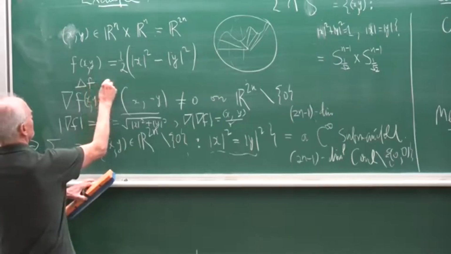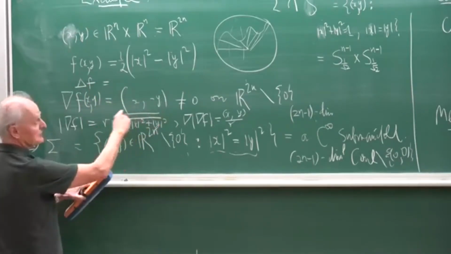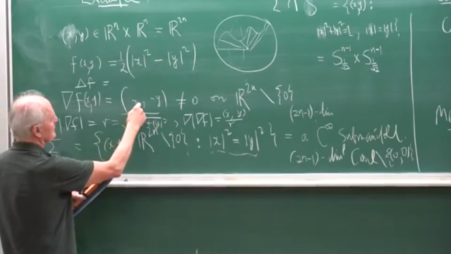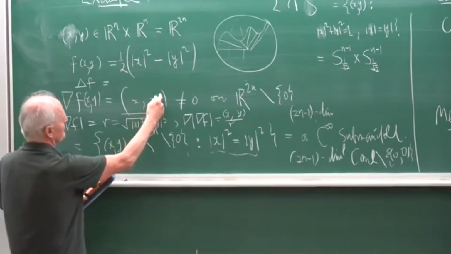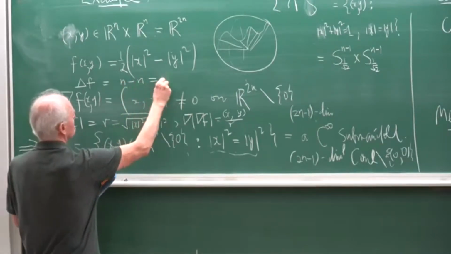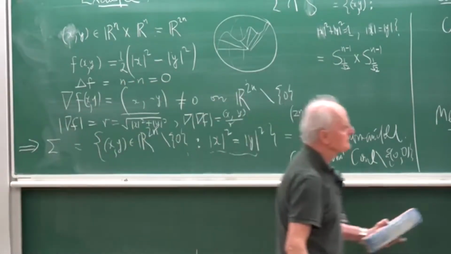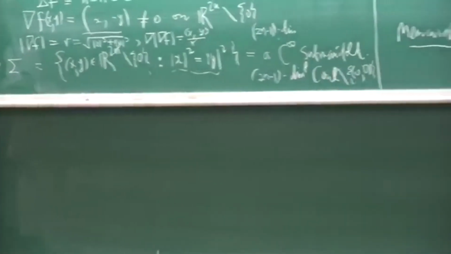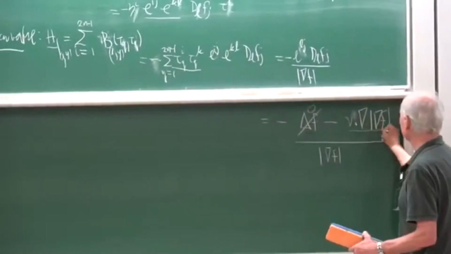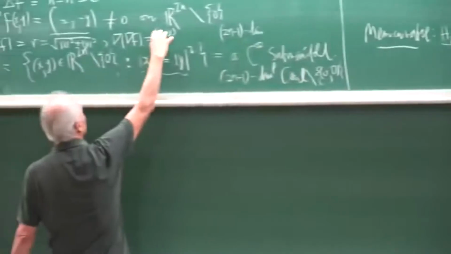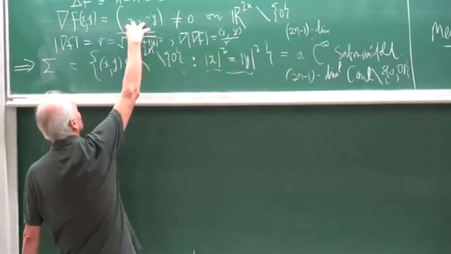Laplacian of f is the divergence of this, right? The divergence of this gives a factor of n here and a factor of minus n here. So it's n minus n equals 0. So this Laplacian part is 0, and I claim this part is also 0. Let's check that. Notice that this vector xy over r is orthogonal to this vector.